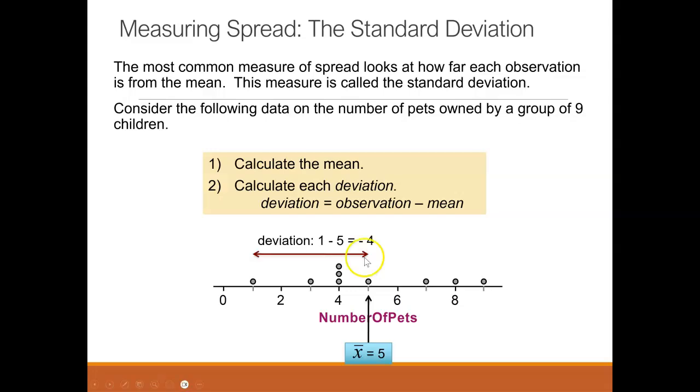So 1 minus 5, that's -4. Another deviation would be the distance from the mean to this observation 8. So 8 minus 5, that deviation would be 3. Notice the deviations can be positive or negative. That's fine. Everybody's okay so far? We're going to do that for every observation in our data set.